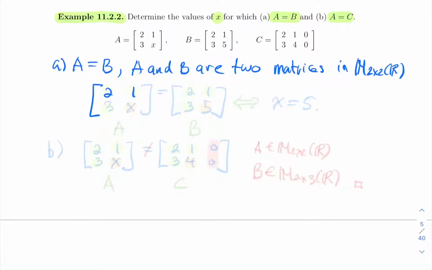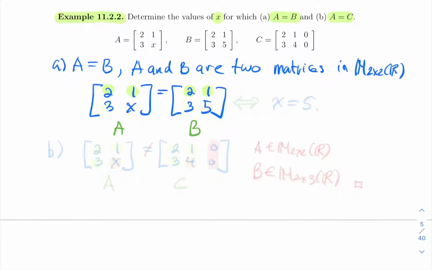So if you write A first, we have 2, 1, 3, and x, and we want this to be equal to B, where B is 2, 1, 3, and 5. Here we can see that they have the same size. Let me write the letters for both of them under. So remember, this is A, this is B. If you look at the first row, first column, which is 2, it's matching the 2 in the first row, first column for B. First row, second column, we have a 1, which is equal to 1.